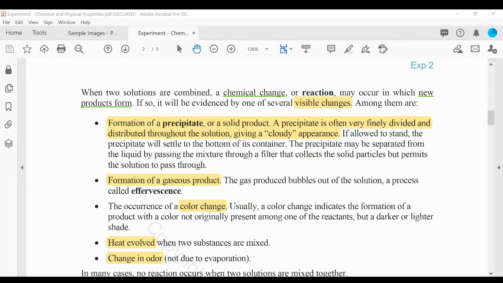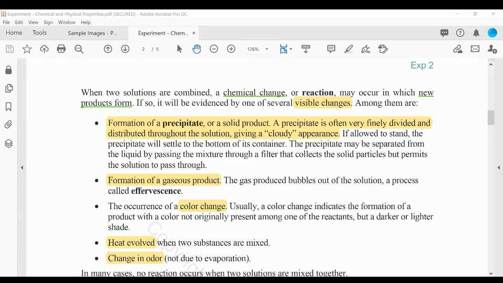Because when you mix the two clear solutions, it's like the precipitation, the rain. It's like it fell out of the solution as the rain falls out of the sky. So you see the formation of a solid. So that is one sign. If you see that, you say, I have here a chemical reaction.